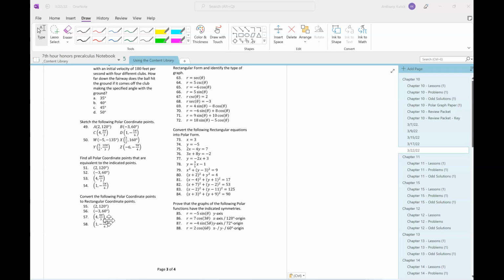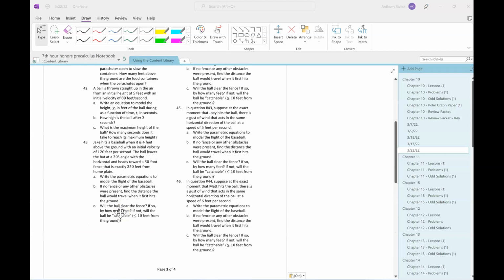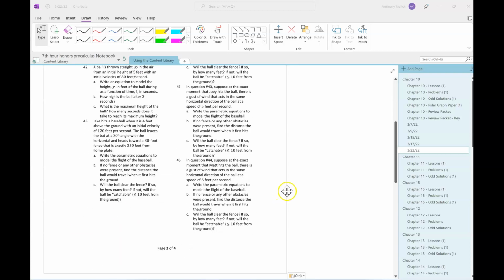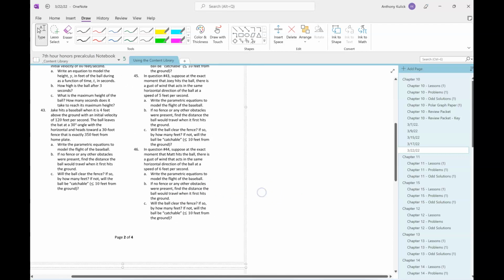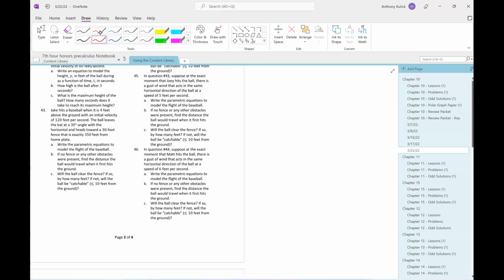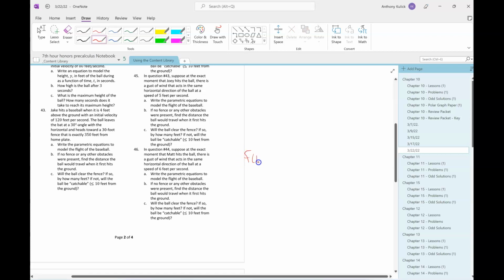Yeah, John. Sure, 46. Okay, it says in question 44, suppose at the exact moment that Matt hits the ball, there's a gust of wind in the same horizontal direction of the ball at a speed of 6 feet per second. Write the new parametric equation.